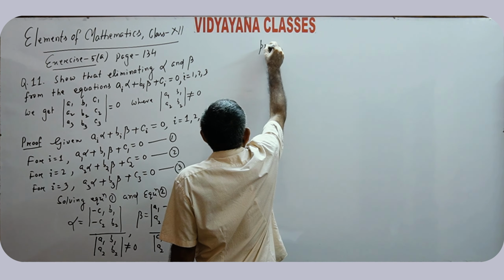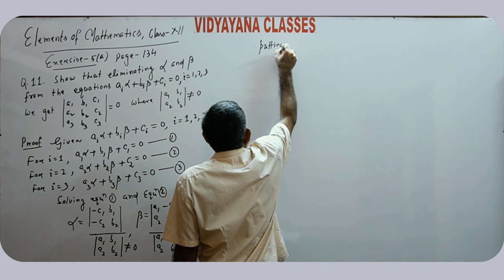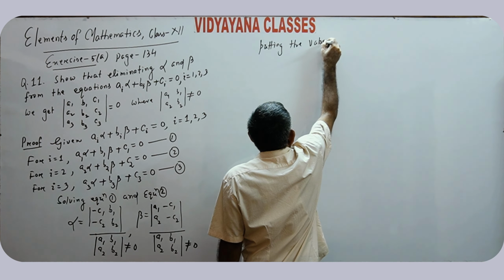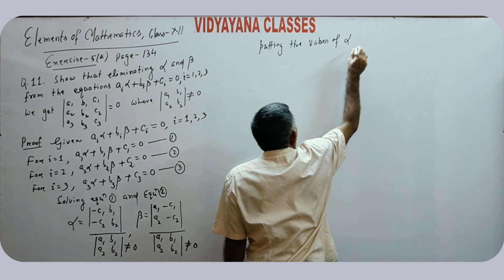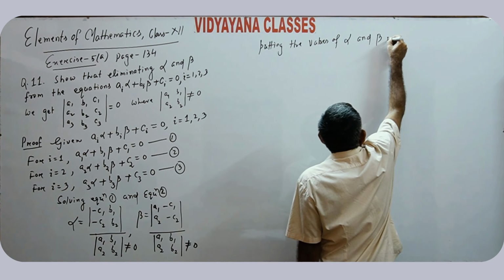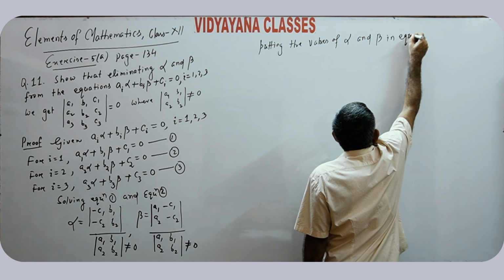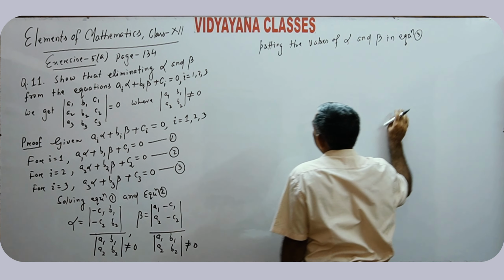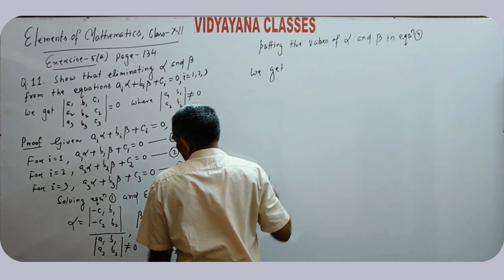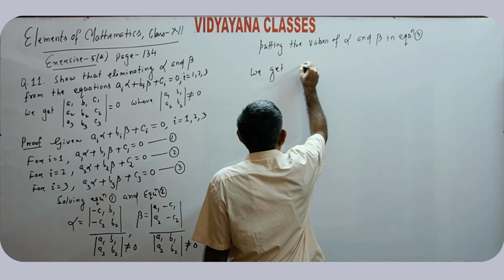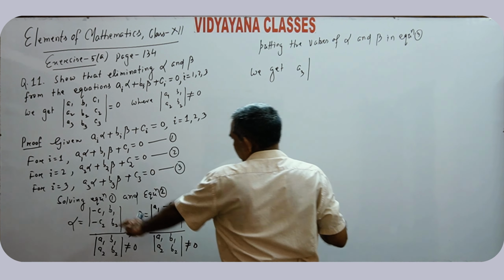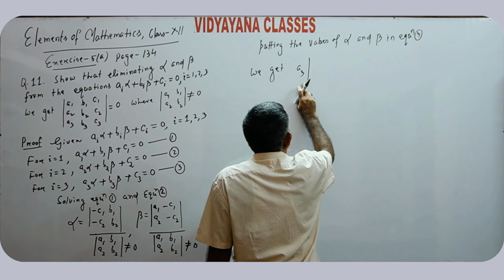Putting the values of alpha and beta in equation 3, we get A3 alpha.